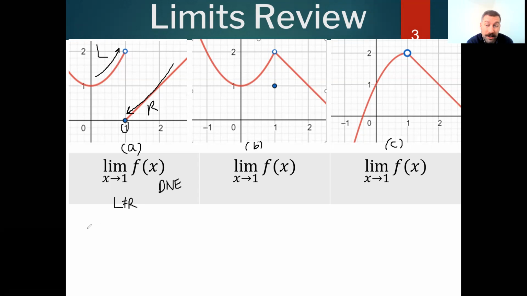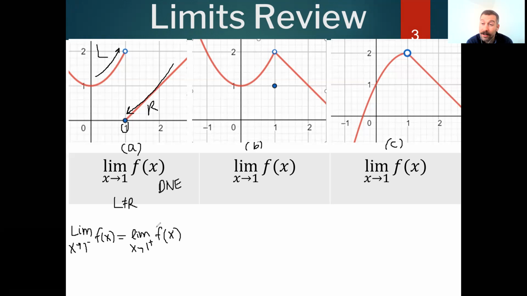And if I wanted to justify this mathematically, what that looks like is the limit as x approaches 1 from the left of f of x is not equal to the limit as x approaches 1 from the right of f of x.